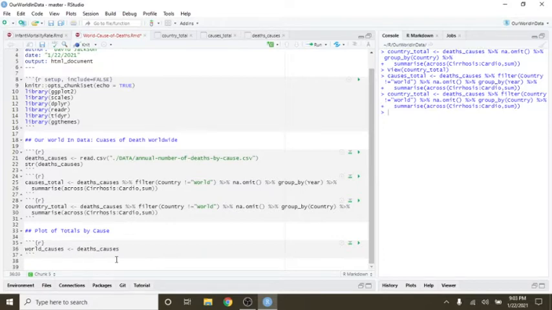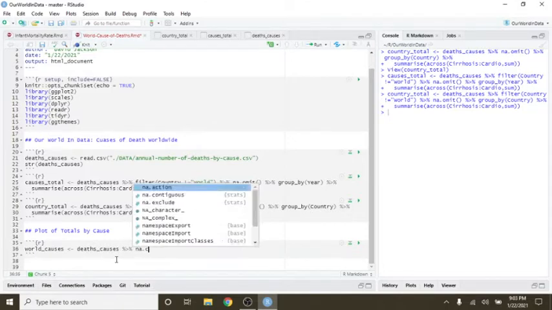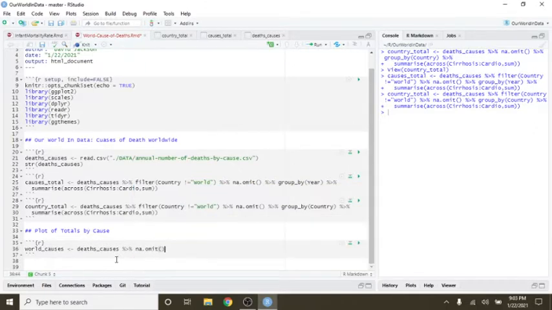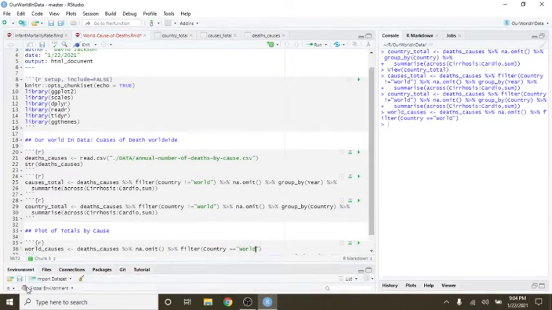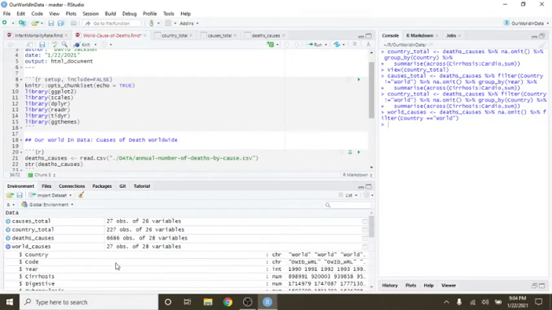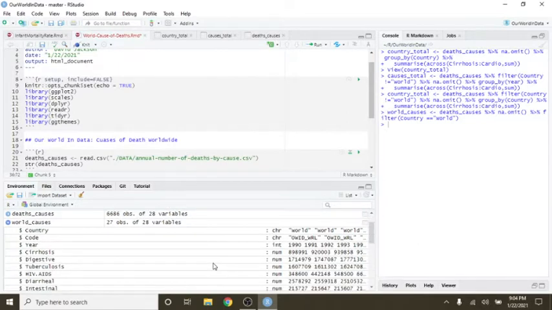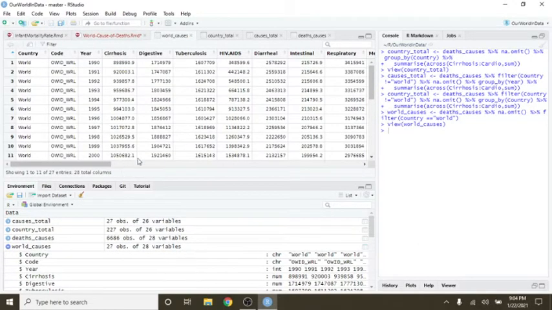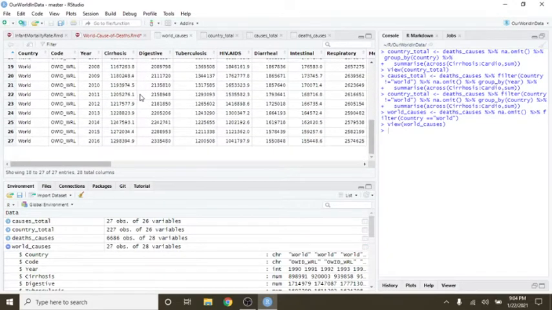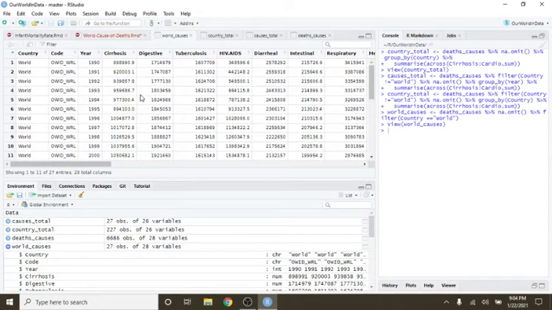causes. Filter. Okay, so we got one row, each year.